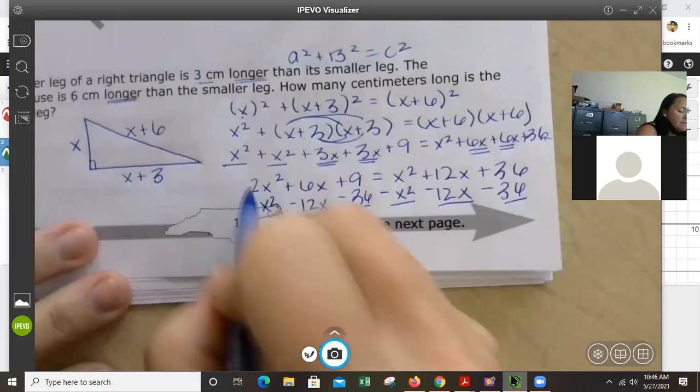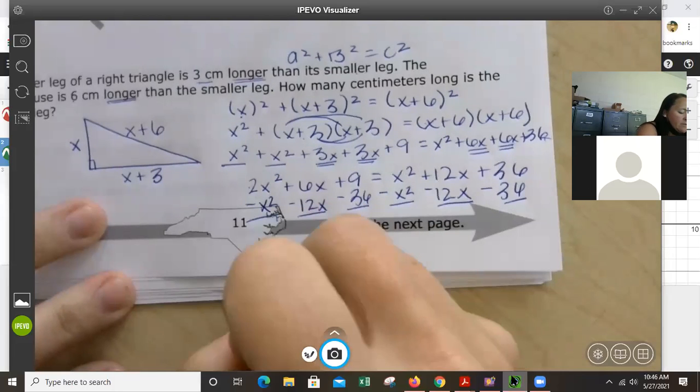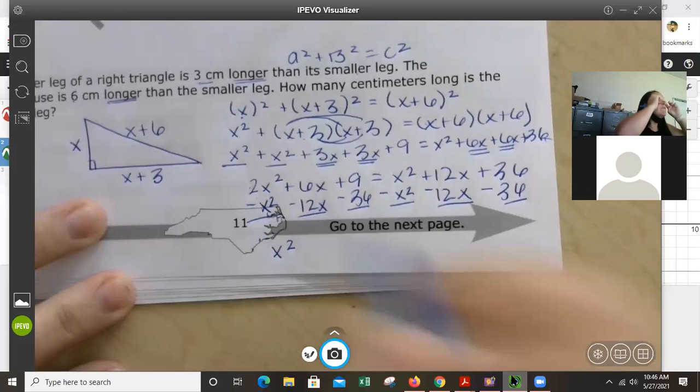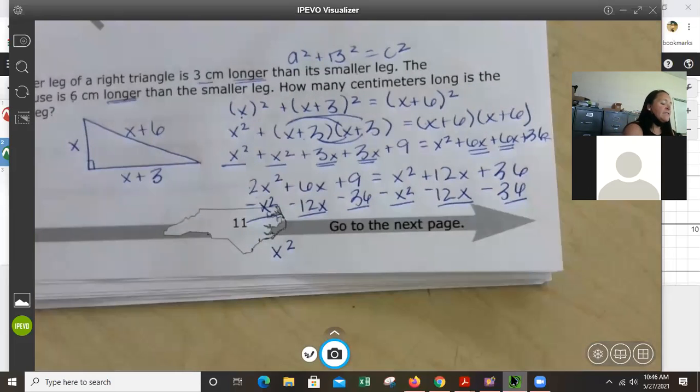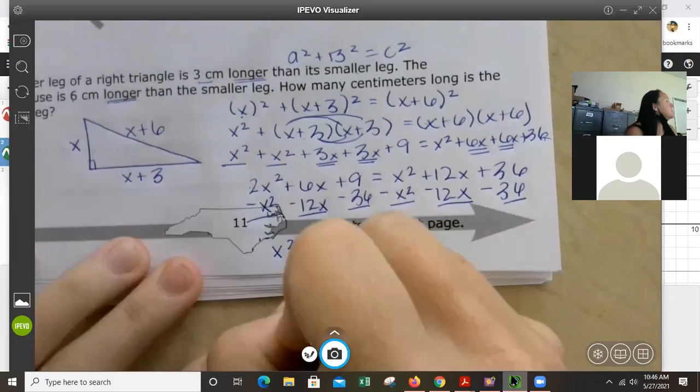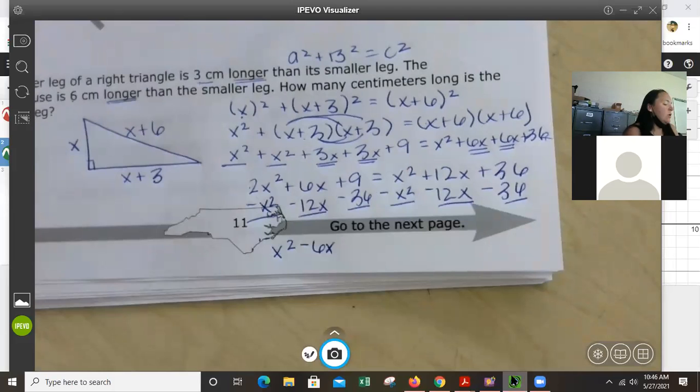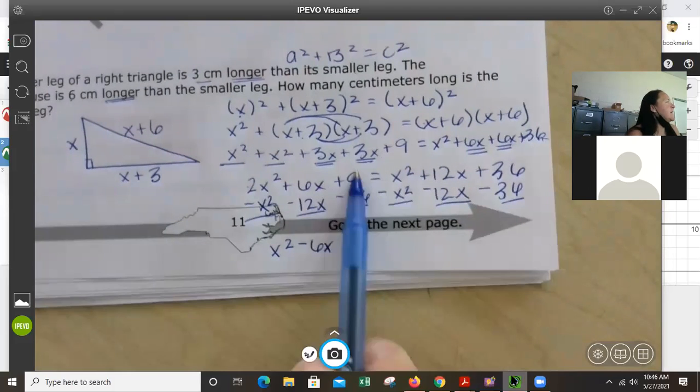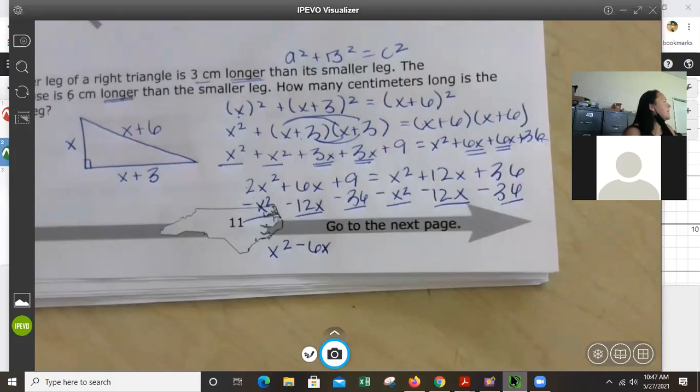2 minus 1 is 1X squared. Think of these backwards. I have 6 minus 12, but what's 12 minus 6? And my bigger one is negative. Does everybody see that? What is 36 minus 9? You can do that on your hands.